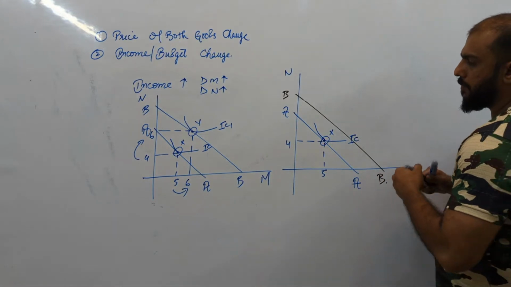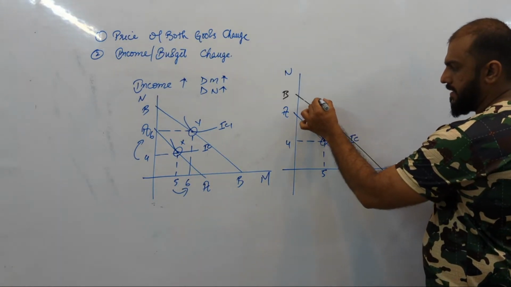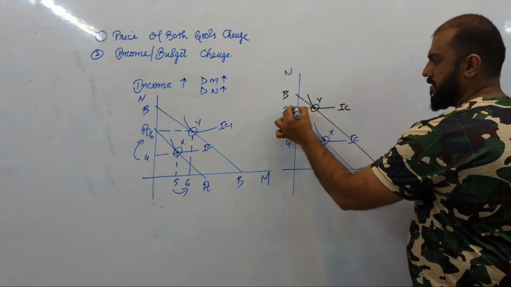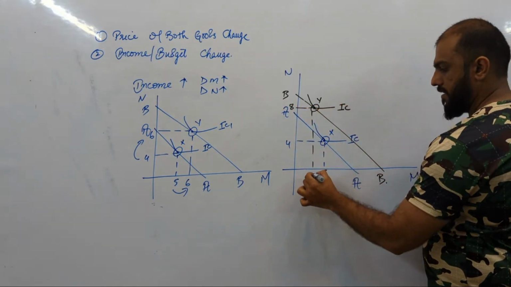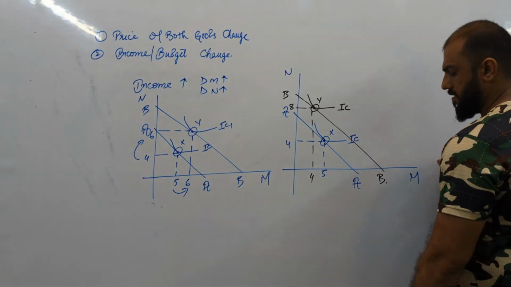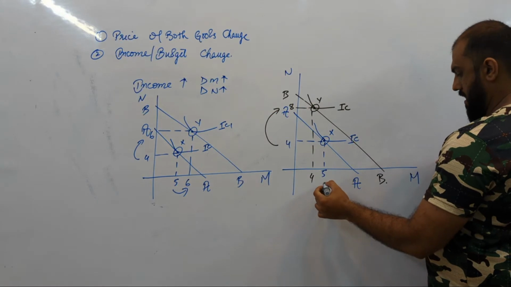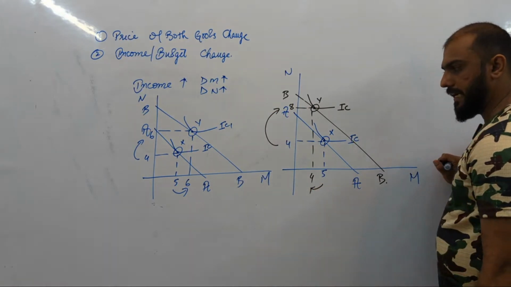So if I make it on the top corner, let's say at this point, I am consuming 8 units of N and let's say 4 units of M. My demand for N increased and my demand for M decreased.